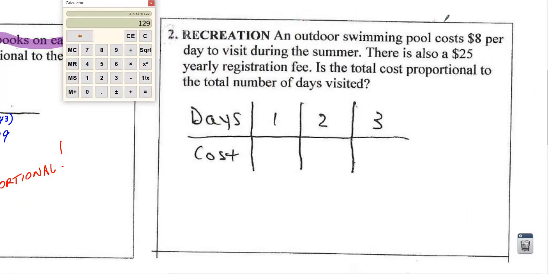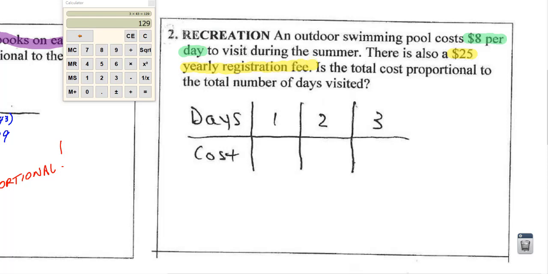An outdoor pool costs $8 per day, so there's an important piece of information, $8 per day. And there's also, so let's just pick up a different color here. There's also a $25 yearly registration fee.